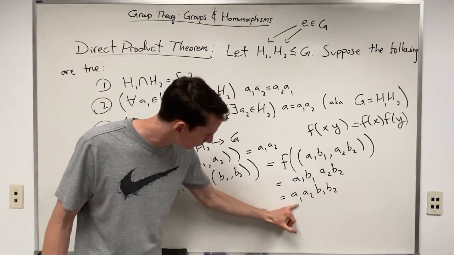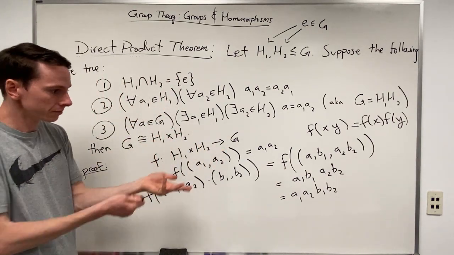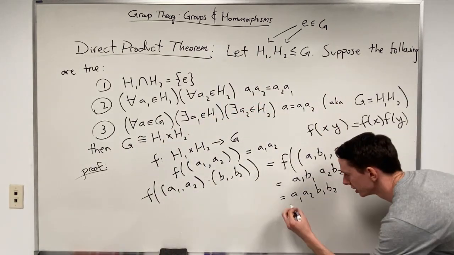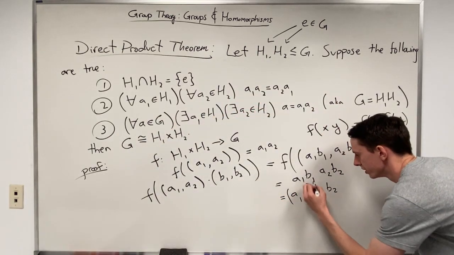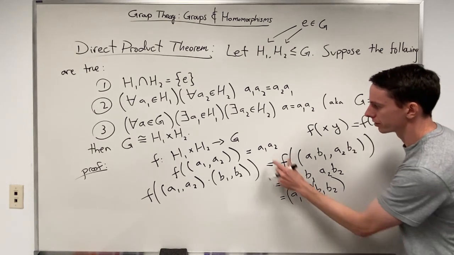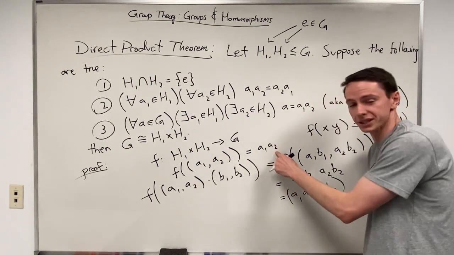But regardless, we have this result right here, and now it's just a matter of recognizing what this is equal to. If we focus just on a1 a2 and just b1 b2 by putting parentheses around them, that's like looking at the output of this function. What is a1 times a2?